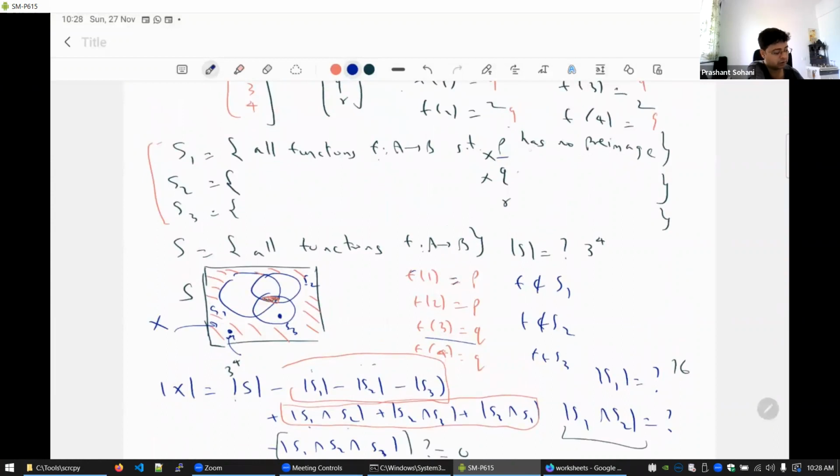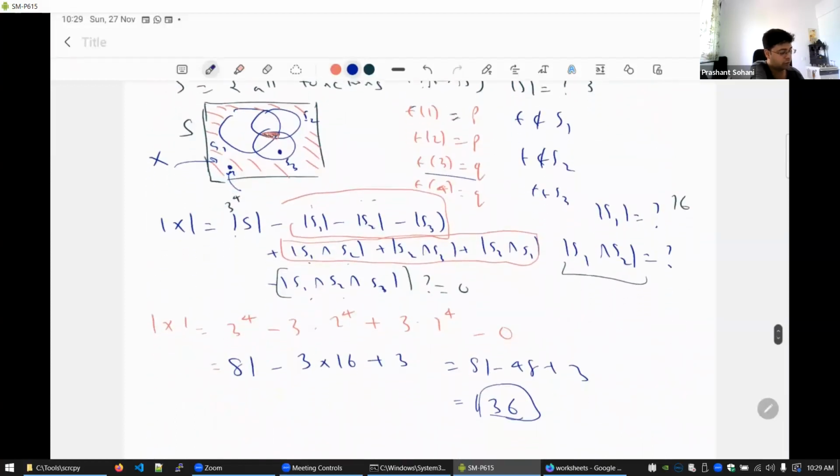But here we are defining S1 in the reverse way, the complement, and S2 and S3 in the same way, because that allows us to consider the region outside all of S1, S2, S3, and that is the one which we want to count. You can try to see what happens if you took the reverse condition. If you first count all functions where P gets used, that is actually harder to count than the complement.